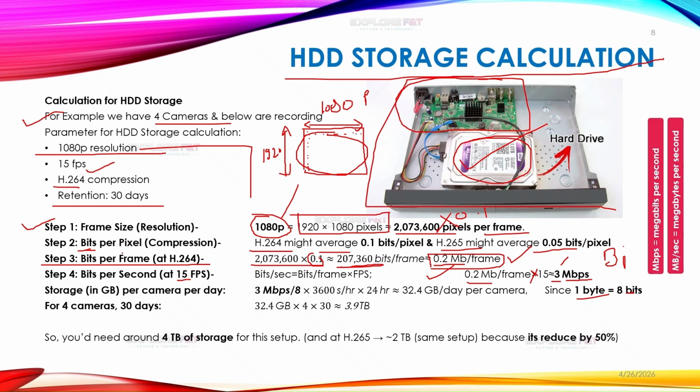Like one camera will take how many GB if we are recording for one complete day, meaning 24 hours. So we divide 3 Mbps by 8, because 8 bits will be in 1 byte, so 1 bit will be 1 by 8, so we have to divide by 8, and then multiply by the total seconds in 24 hours.